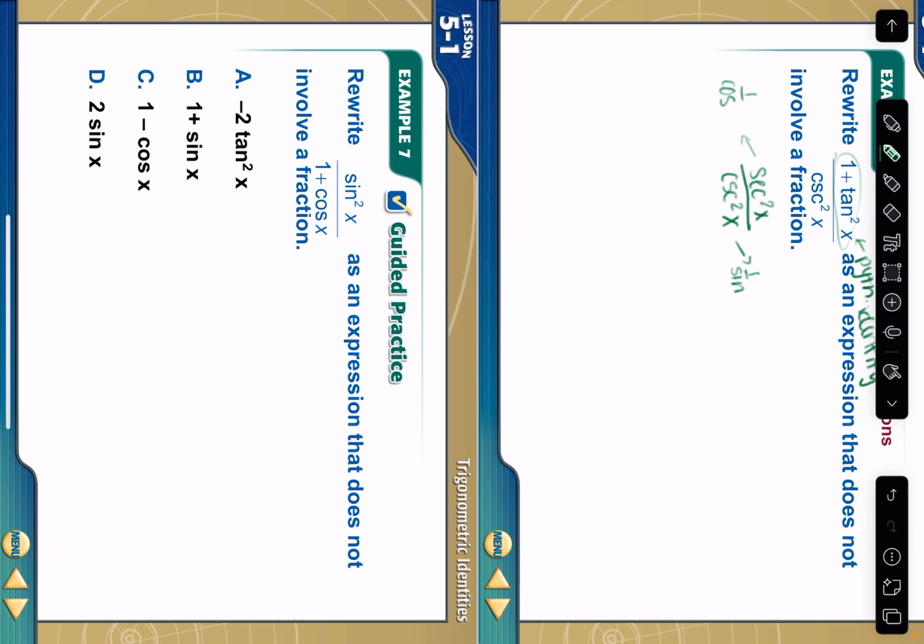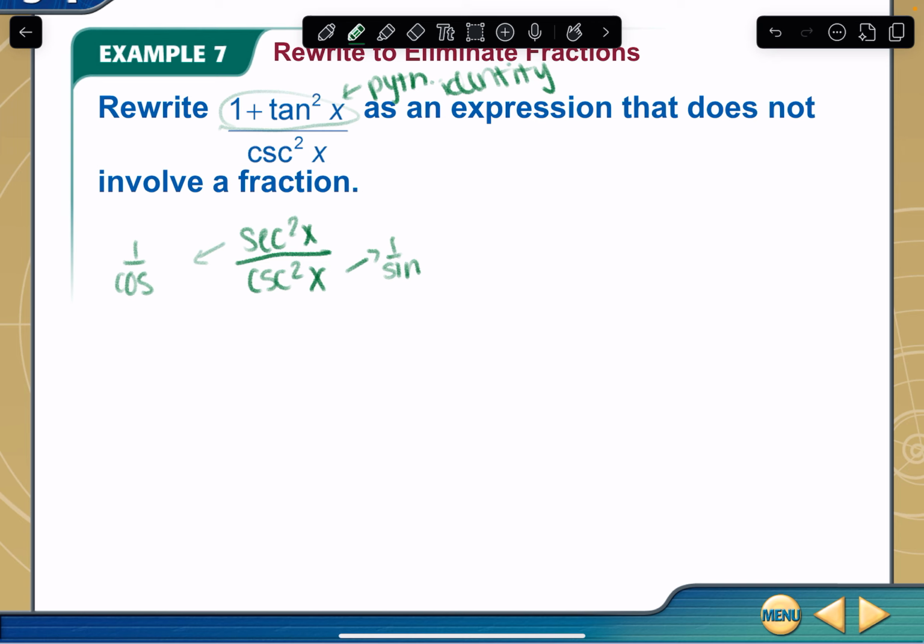Instead of having secant squared x, just this top part, I'm going to be able to rewrite as 1 over cosine squared x. Secant and cosine are reciprocals of each other, so I can rewrite secant like that.